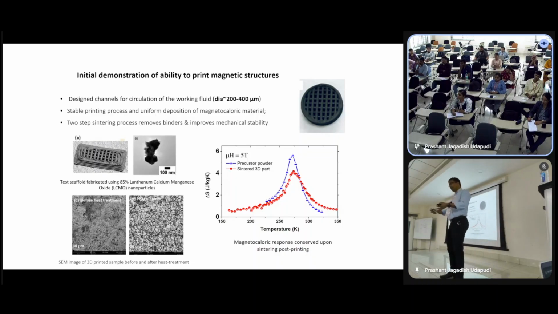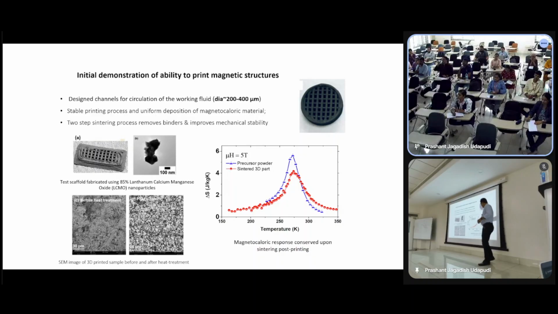Now we take the green body and we have to sinter it so that we remove all the binder in this, the glue that we put. We heat it up and burn it off, and we do it at a temperature where particles also fuse together. That's called sintering.